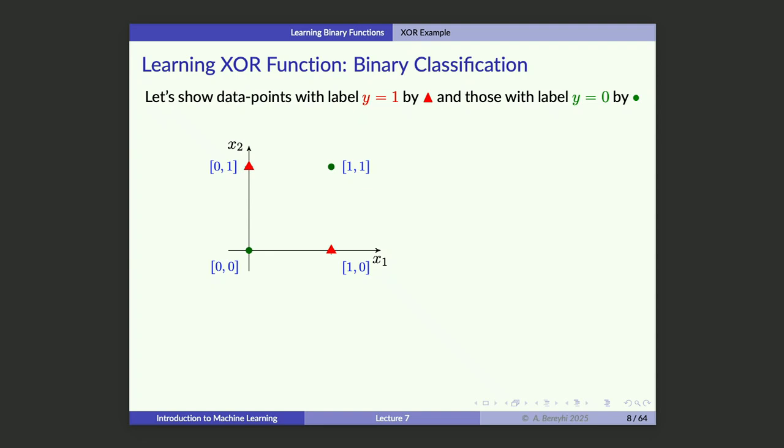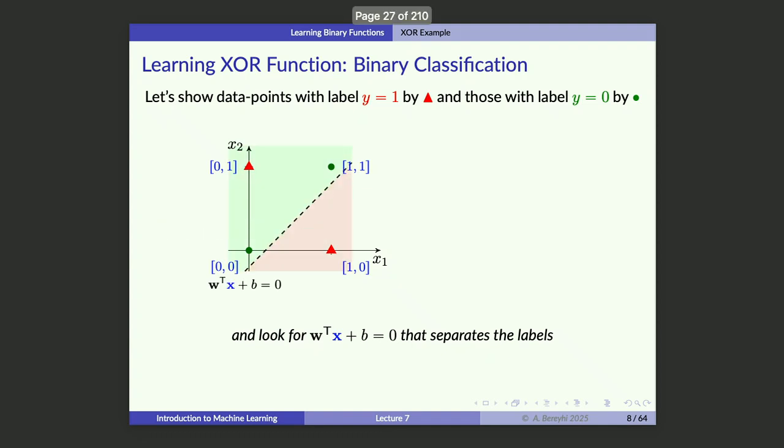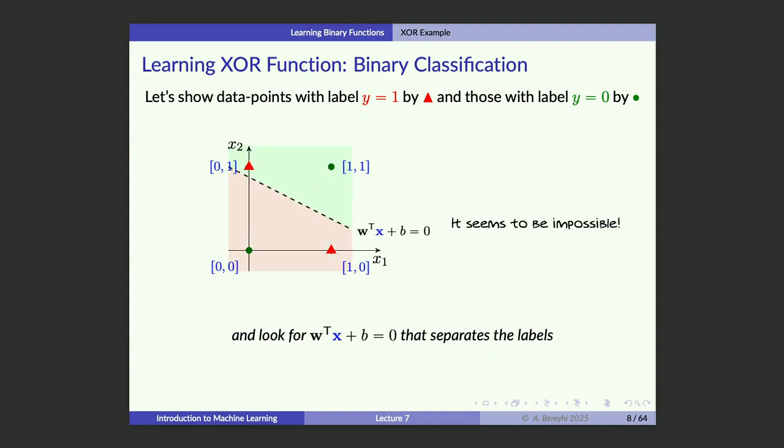No, because the green points are on one line, the red points are on the other line, right? You can never do that. You can try this a lot, you can just search for this line, but it doesn't matter how much you do it, you would never end up with a line which is separating both different labels, right?